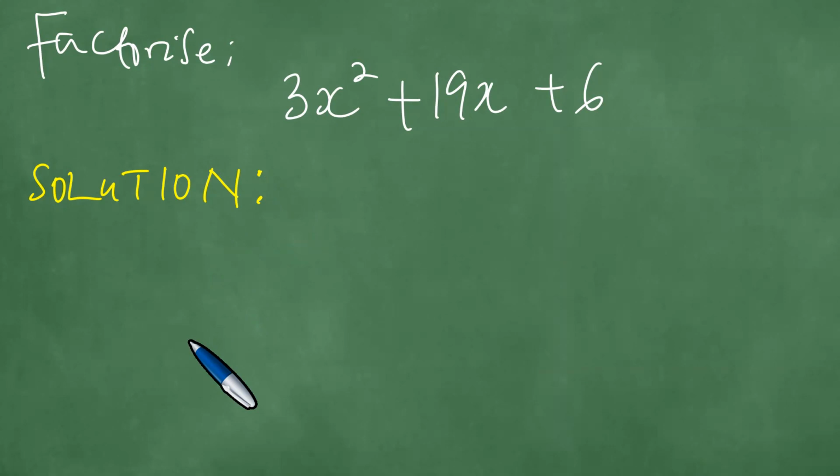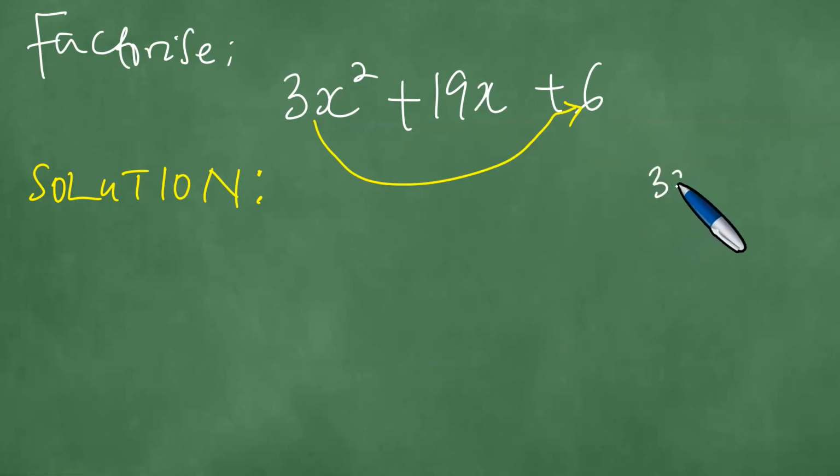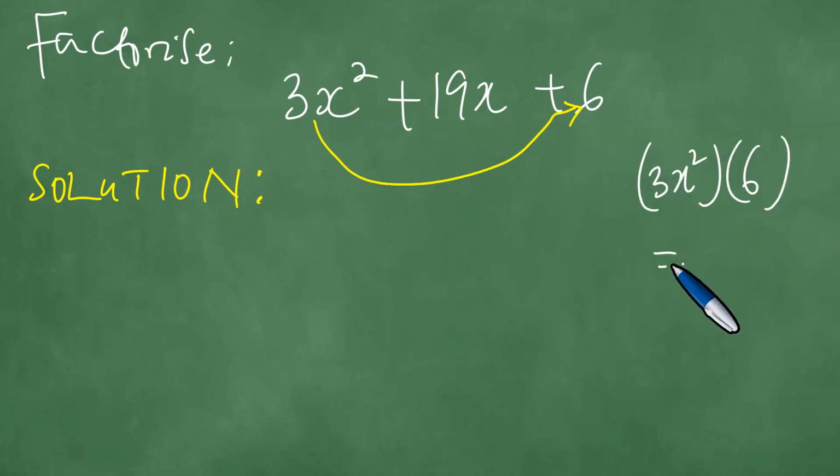I'm not sure. You're not sure. All right, so the first thing is to multiply these with that. We have 3x squared times 6. What is 3x squared times 6? 18x squared. So we look for the factors of 18 that will give 19.